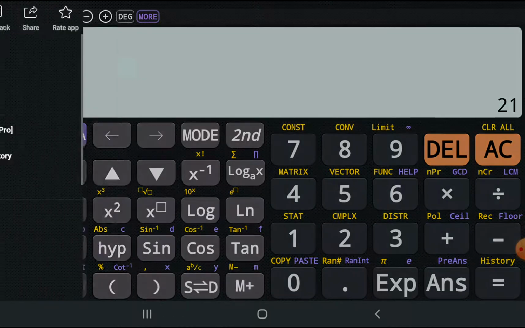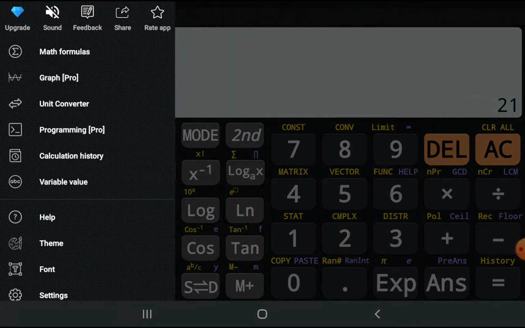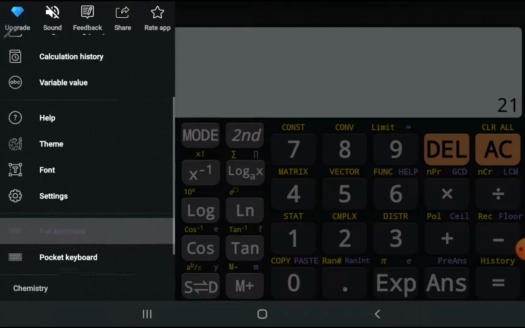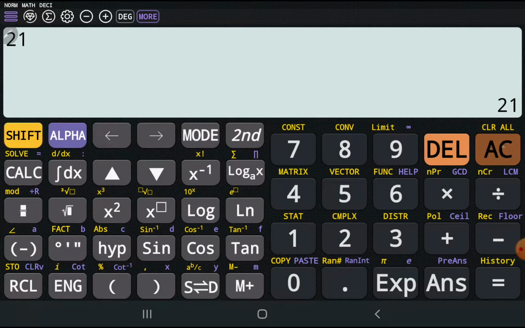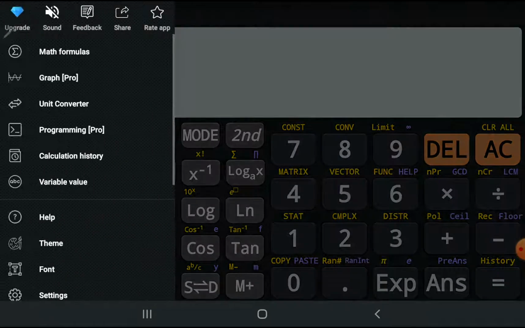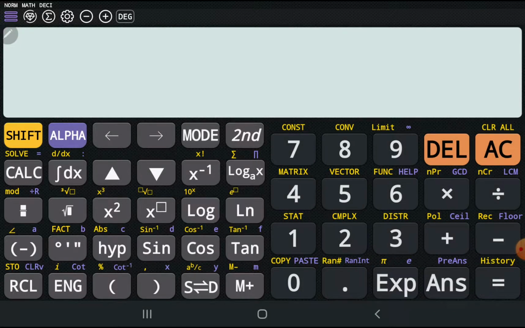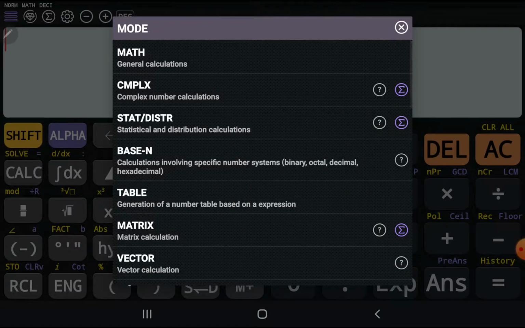So, option, okay, wait lang. Shift 2. Your calculator should be in complex. When you are using a 991ES, press shift mode and then press 2.